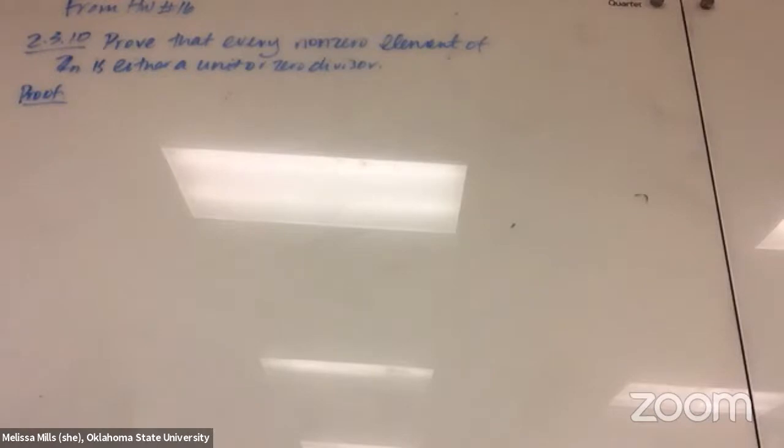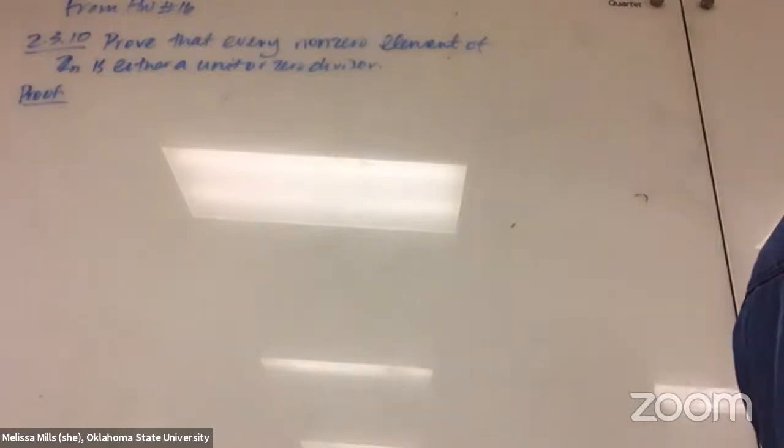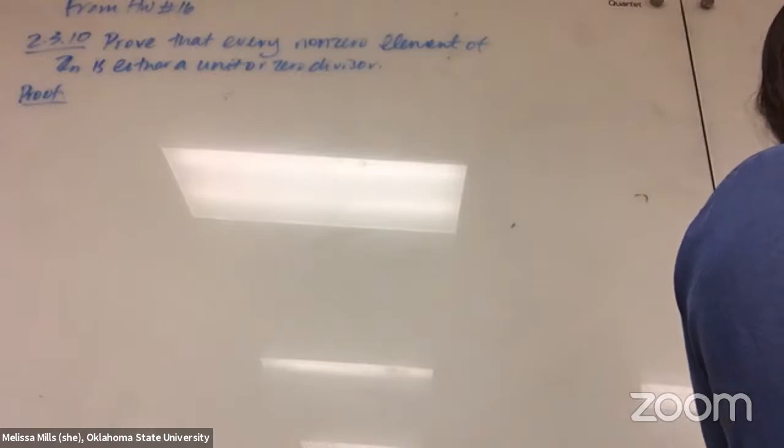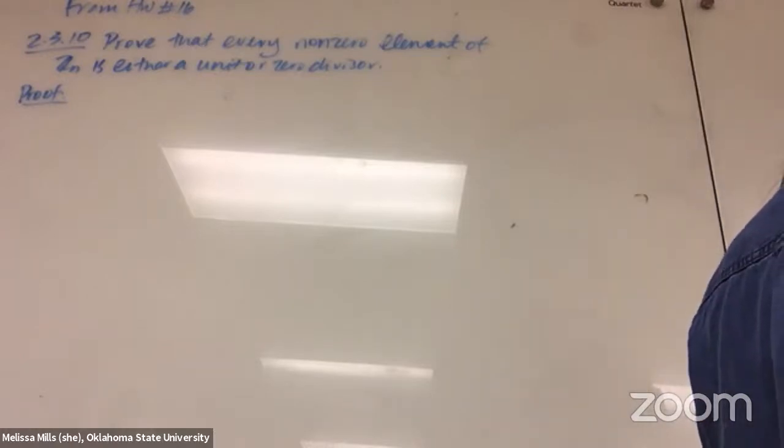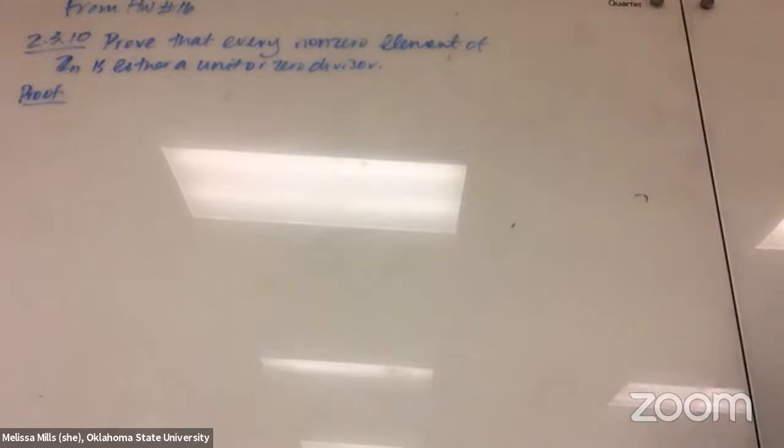So if we're talking about elements of Z mod n, just a reminder what that is. Z mod n is the set of all congruence classes mod n. I can think of each of these as a remainder upon division by n. So this is the set of all possible remainders, right?